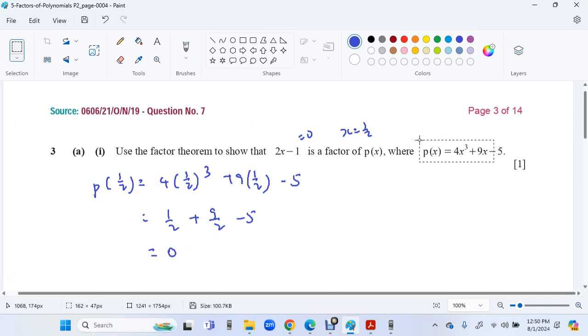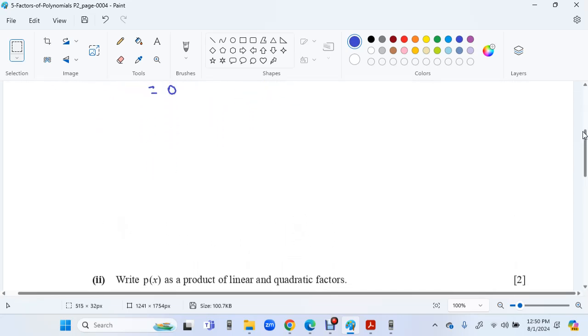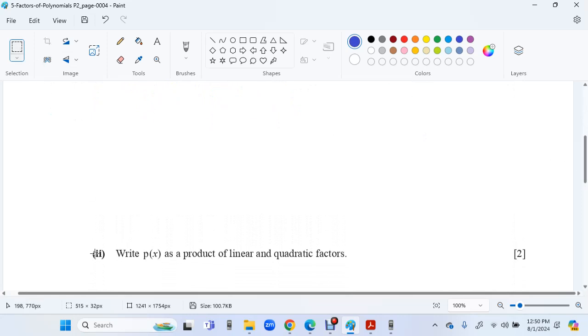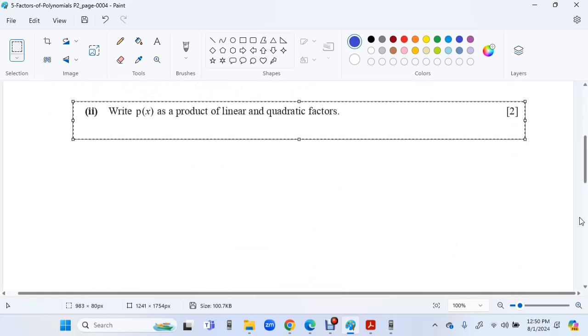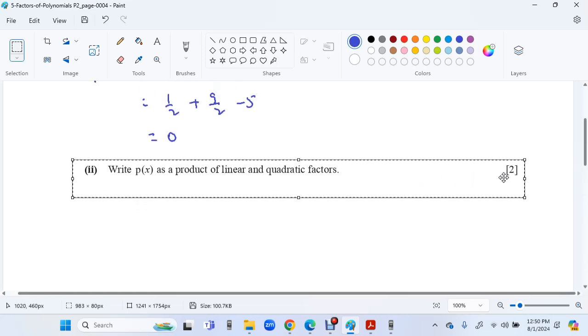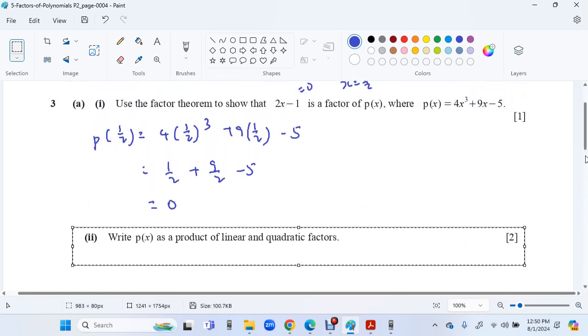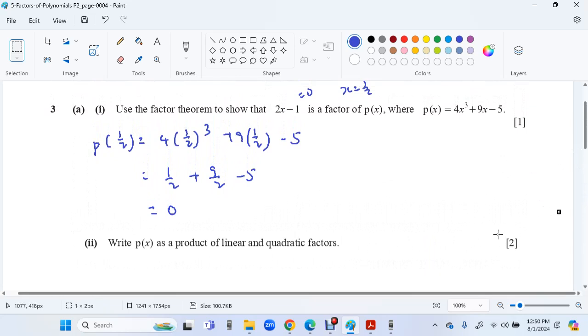So 2x plus 1 is a factor of p(x). Okay, so write p(x) as the product of linear factors. So we do the long division here.